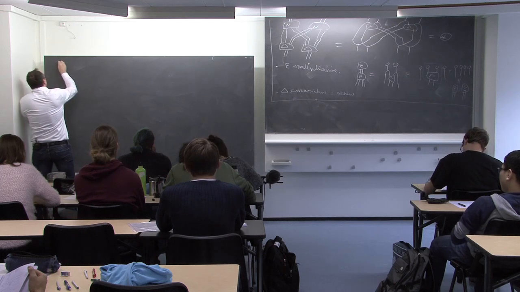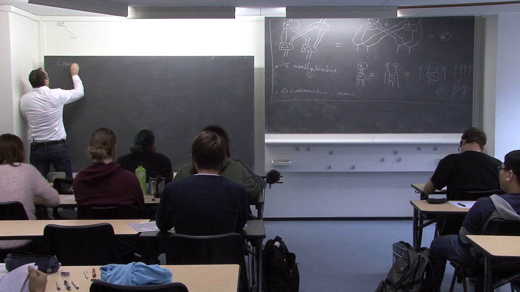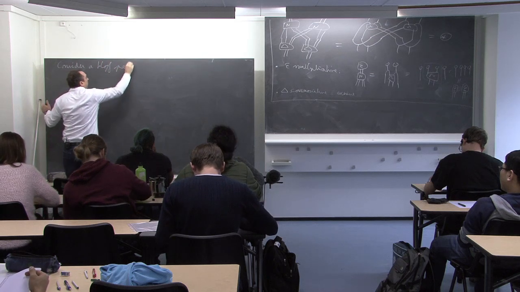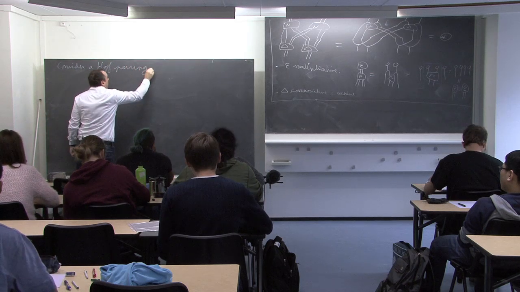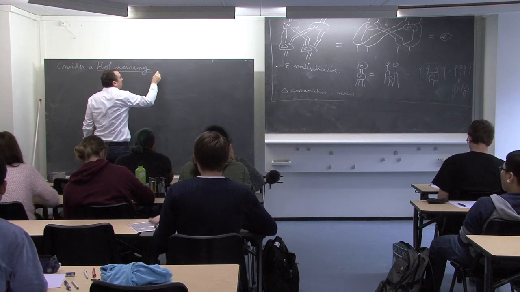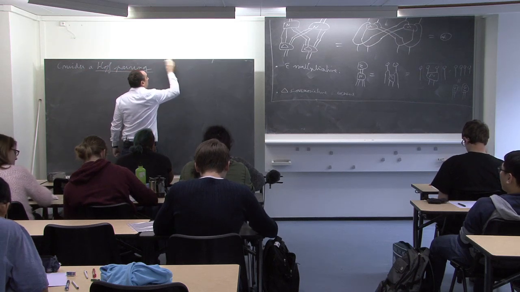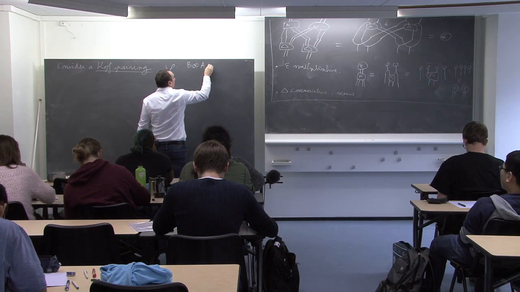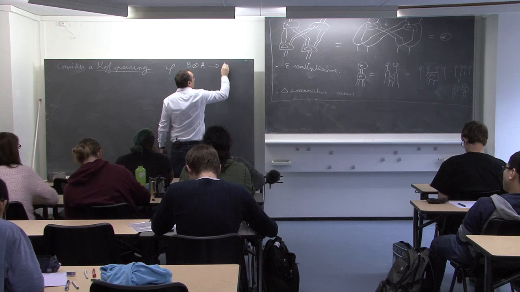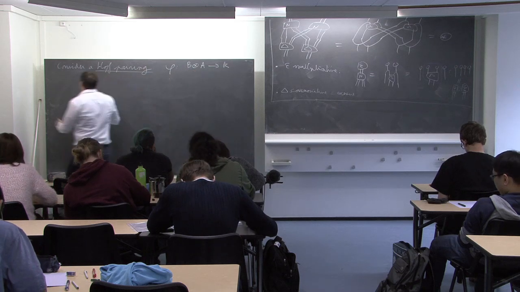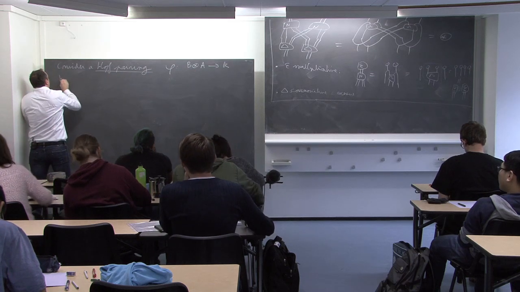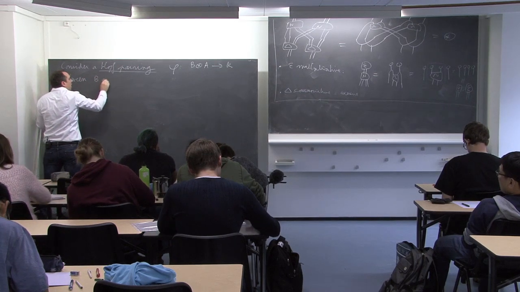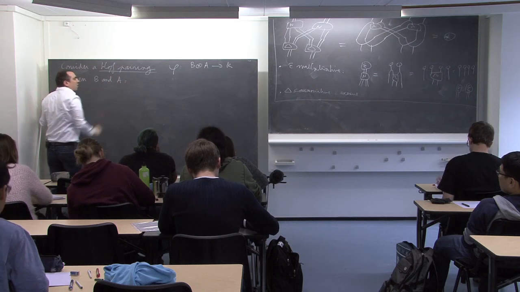Now we consider a pairing phi from B tensor A to K between B and A. So what does it mean?